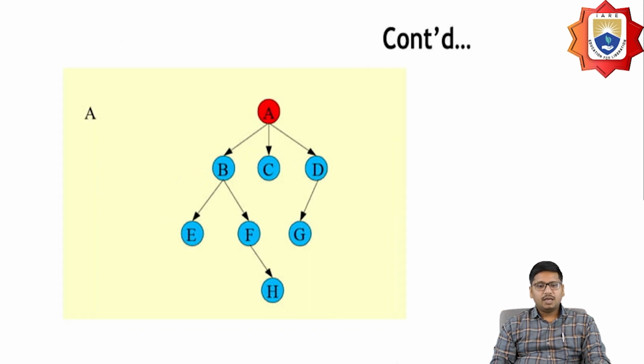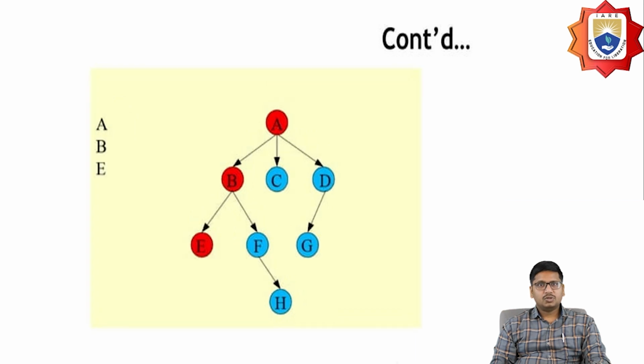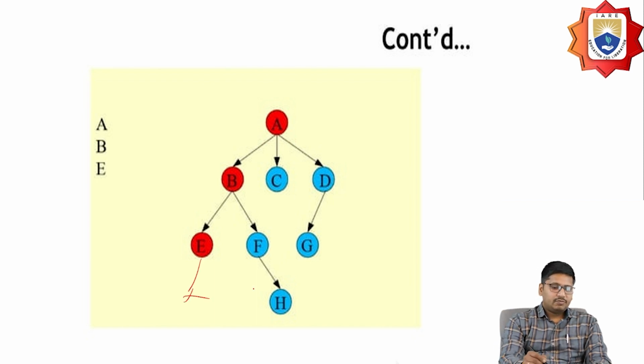That should be A. The nodes connected to A are B, C, D, but only one has to be selected. Then the adjacent nodes connected to B are E and F, so I'm going to select E. Once this is done, there are no children for this one, so again I have to backtrack.